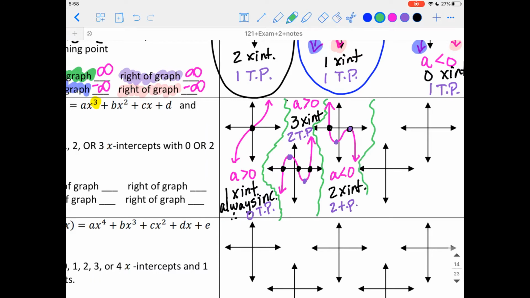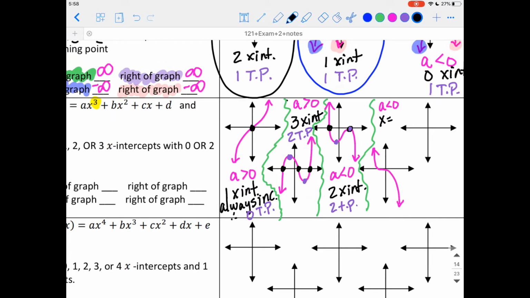Let's have another kid. So here the kid is a is less than 0. Again, it's a reflection of the parent function.